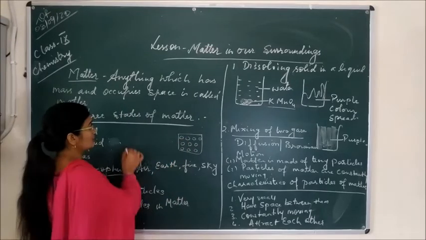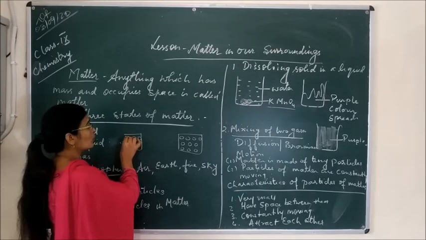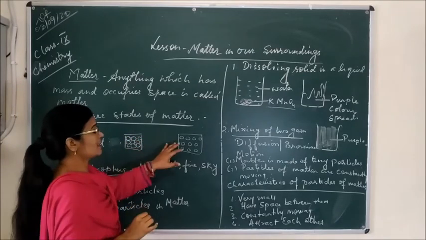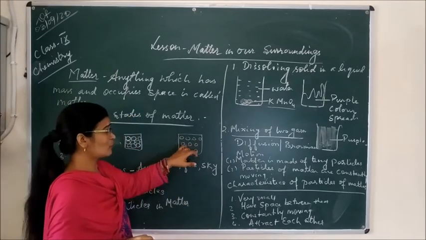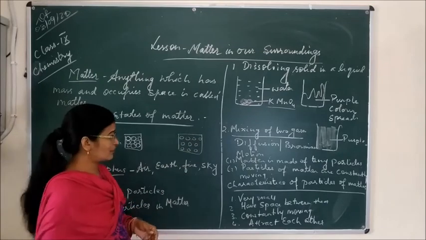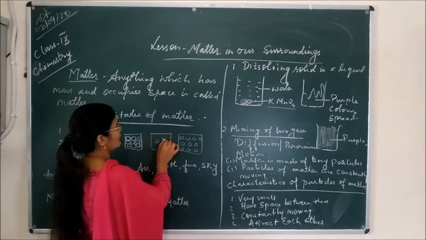But here the difference is that in solid the particles are very close, so they cannot move from their position, so they move in their own place here like this, because there is no interparticle space. Whereas in the liquid there is some little space between the particles, so they can move, means water can flow. But in the gases the particles are very free.